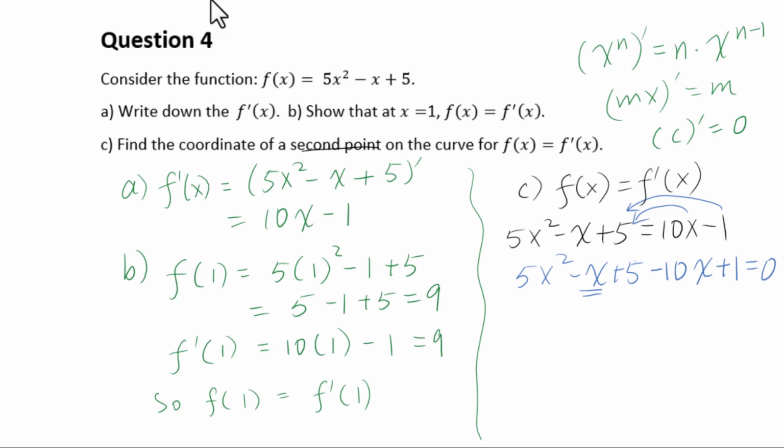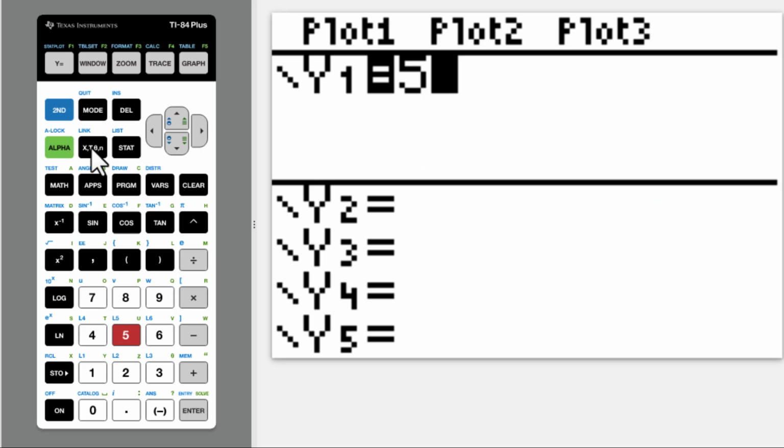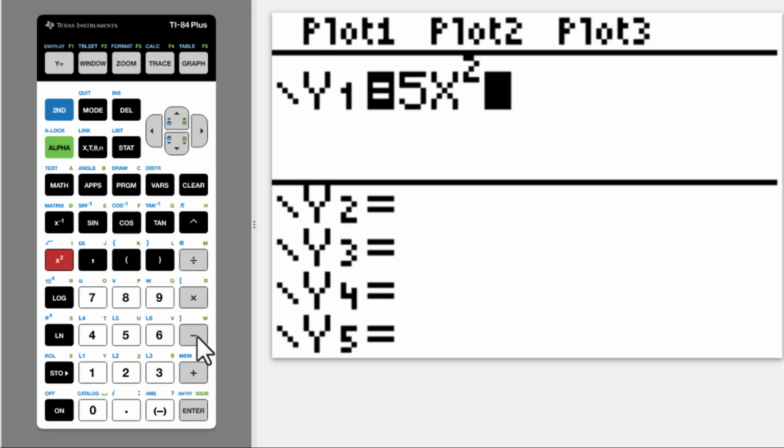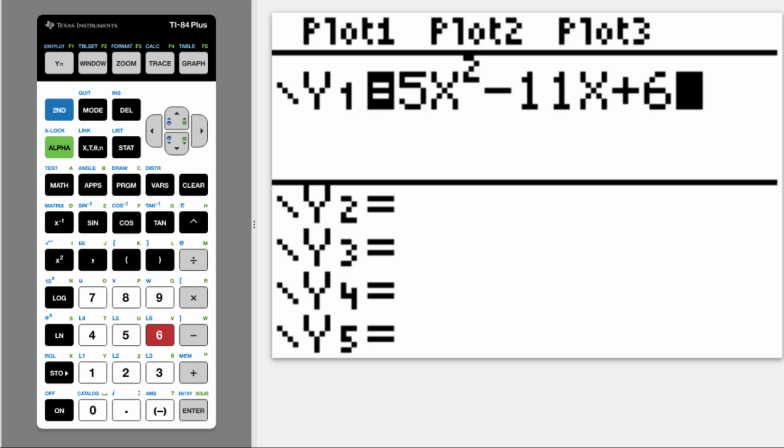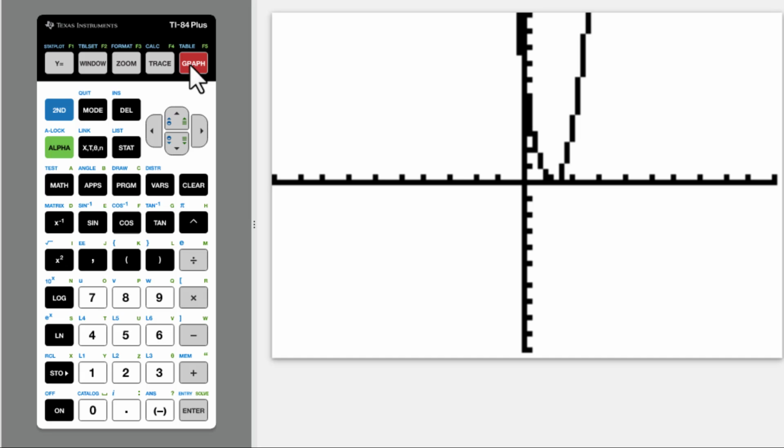Combine like terms: 5x squared minus 11x plus 6 equals 0. Then go to the graphing calculator. Go to y equals 5x squared minus 11x plus 6. Go to graph.